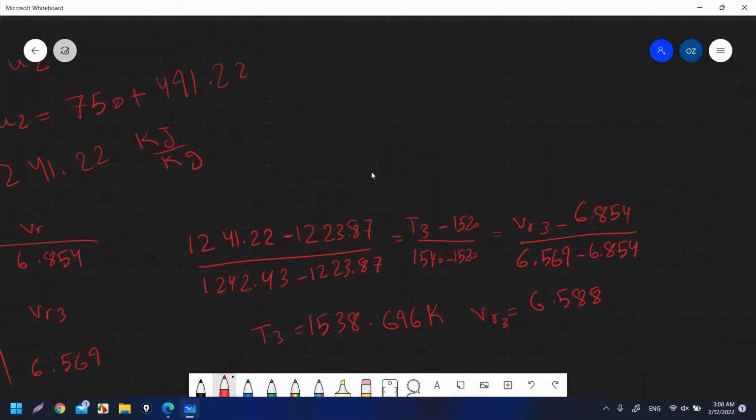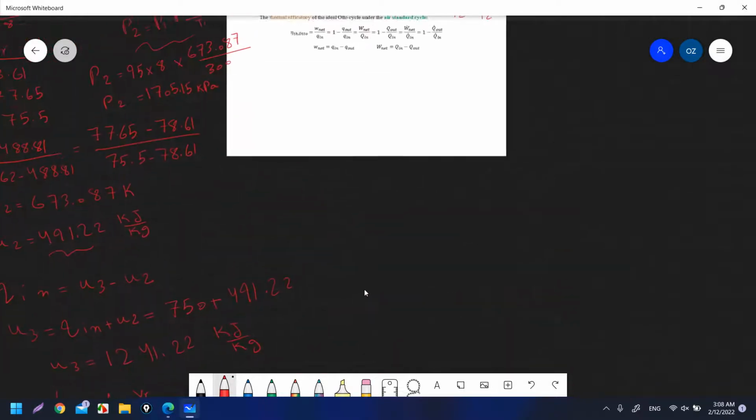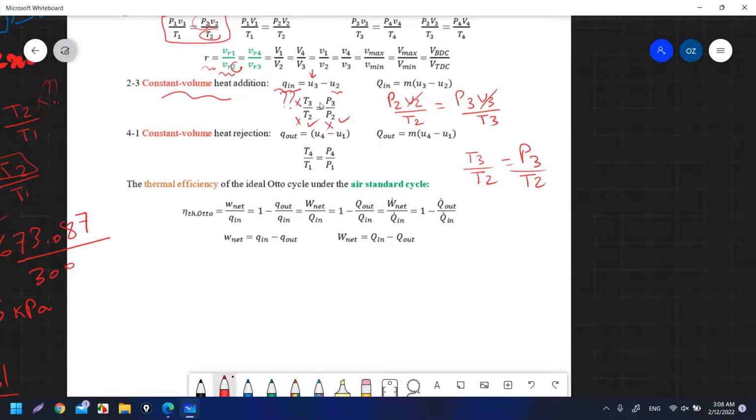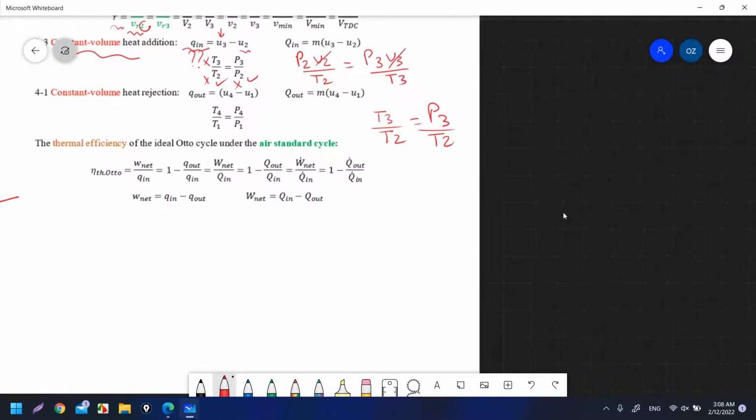Now I have T3, so finally I can finish part A and calculate P3 from this equation. T3 over T2 is equal to P3 over P2.